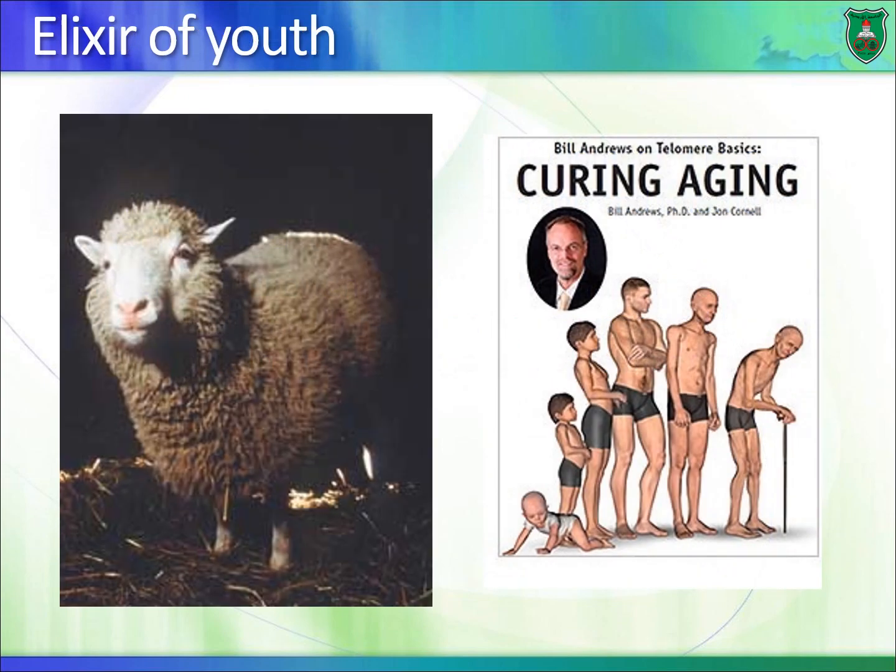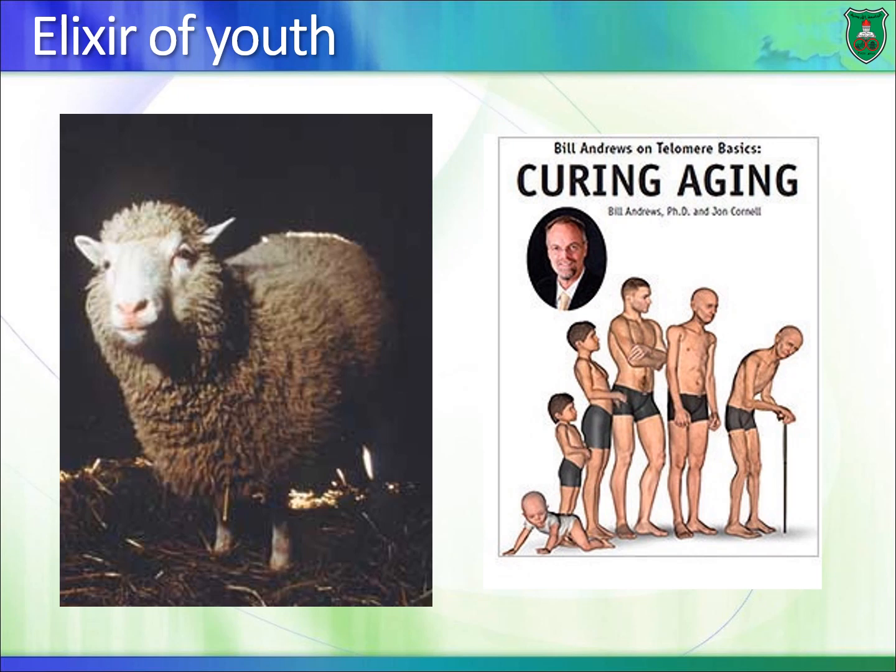Remember this sheep right here? Her name was Dolly, when Dolly was cloned from another sheep. The thing is that sheep, let's say, live for 10 years and then they die. Well, Dolly lived only for 5 years and she died because of old age, and she had age-related diseases.